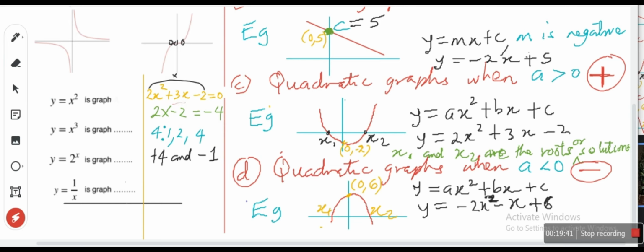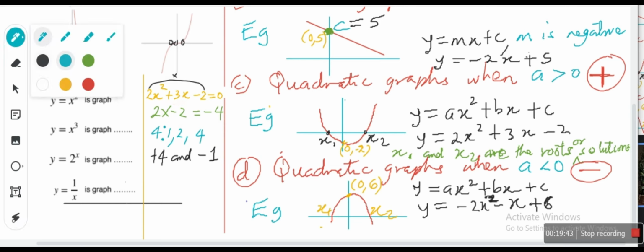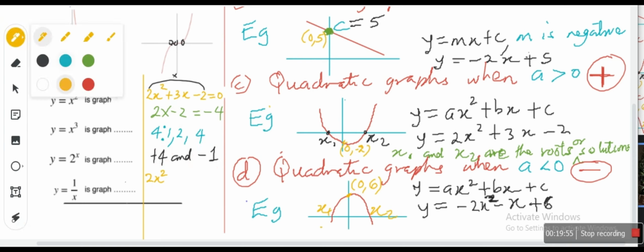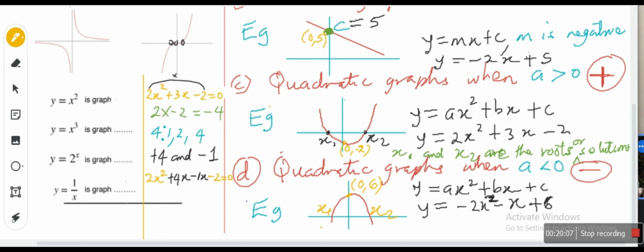So that's going to give us 2x squared, and instead of plus 3x, we now write these two to replace it: plus 4x minus 1x, or just x, then minus 2, and equals 0. Then you factorize pair by pair.